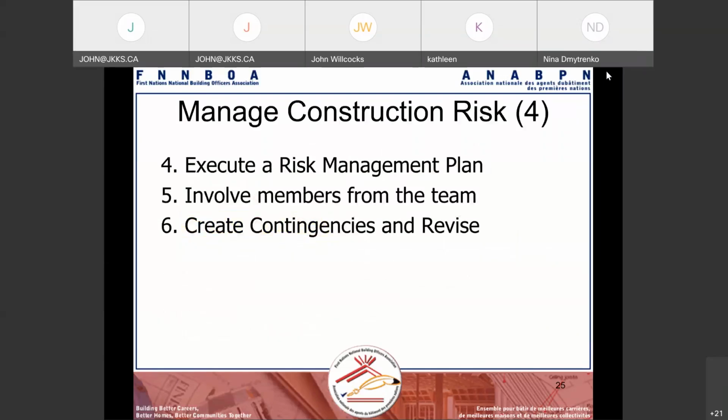So in terms of managing construction risks, there are 4 other areas. For example, to execute a risk management plan, involve members from your team. You can create contingency plans and revise them.